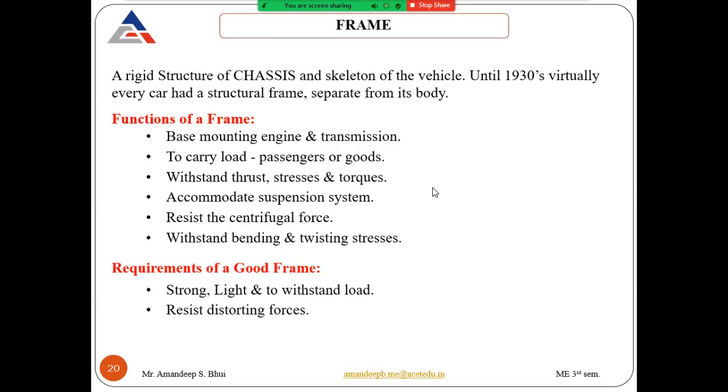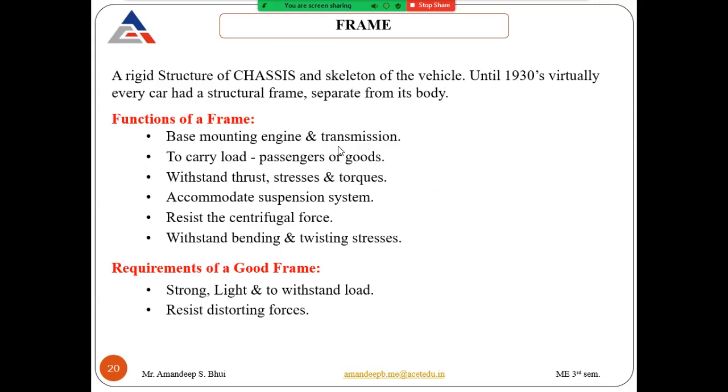We have already seen the frame is the skeleton of the body upon which all the other parts are attached, like the engine or your suspension system or your transmission system.